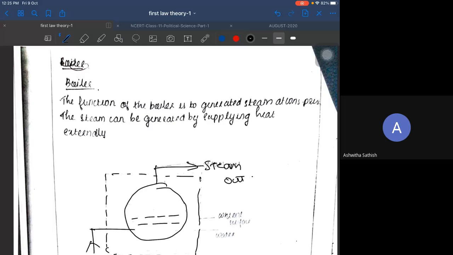Any doubts till now? So all the theory which I've just explained for the past half an hour was just the application of SFEE.